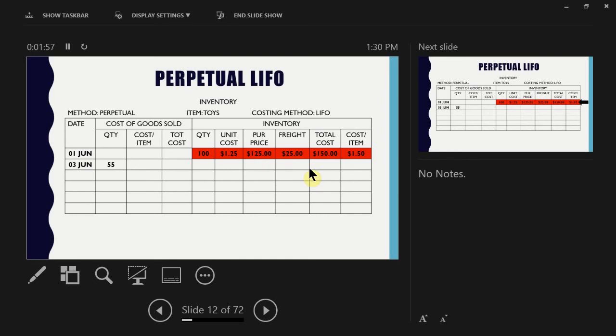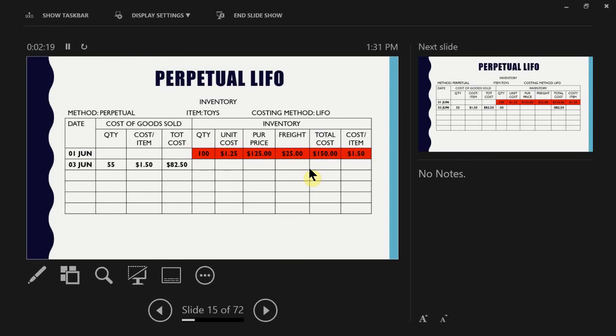I'm going to put my quantity as 55. Because only one batch exists, I'm going to take the $1.50 and apply it here, and calculate 55 times 1.50 to get a grand total of $82.50.